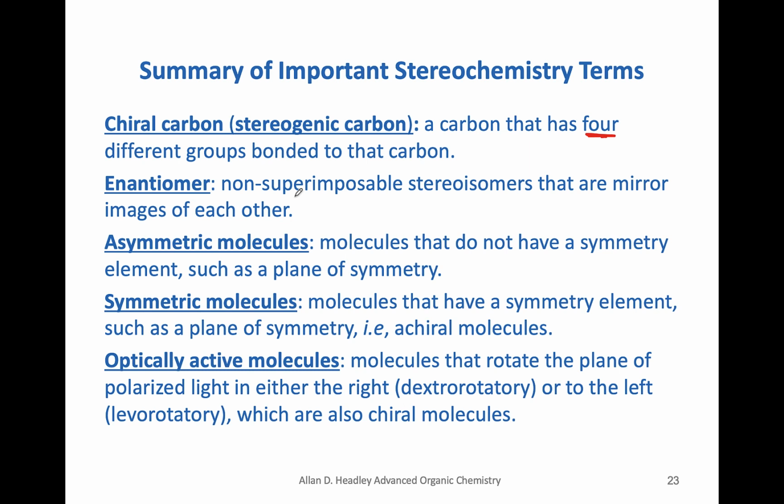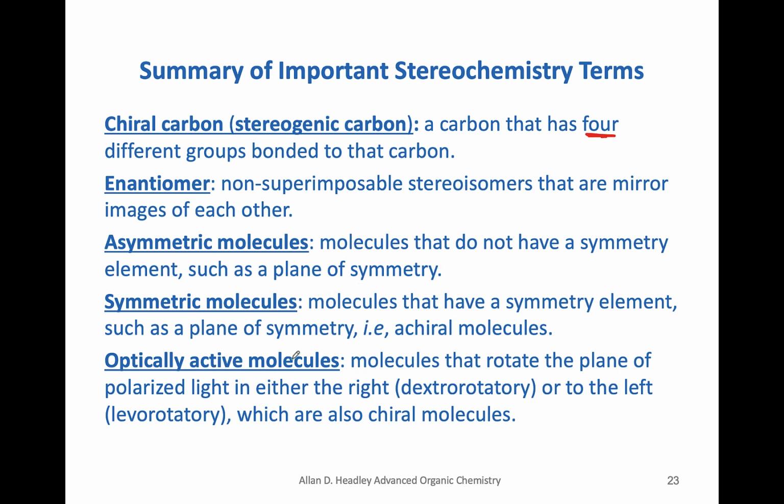We can even go further and say that they are asymmetric. They're not symmetric. Asymmetric molecules are molecules that do not have a symmetry element or plane of symmetry. Symmetric molecules do. They're called achiral, and one example is, of course, the meso compound.